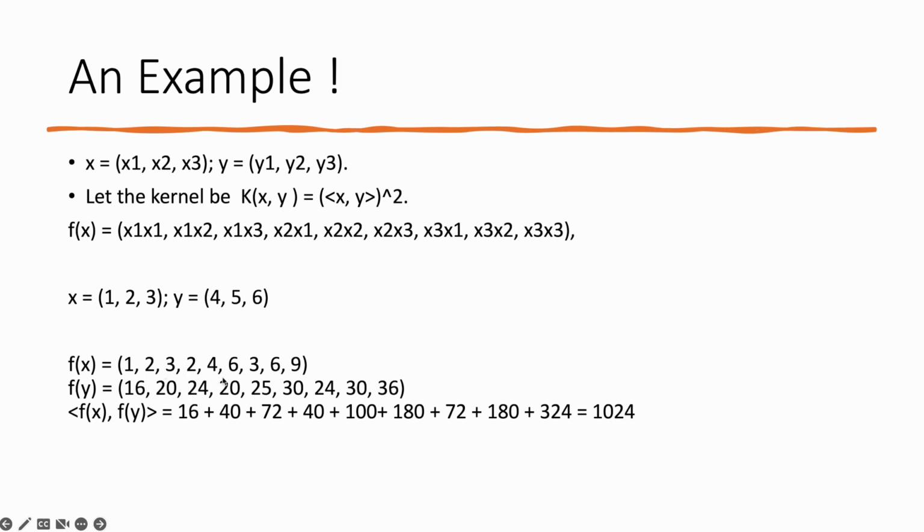So there will be 27 multiplications, and finally we had to do 8 additions. So 27 multiplications plus 8 additions to arrive at a single dot product, which is 1024. So if we are doing this sort of mapping with a polynomial to the power 2, we have to do 27 multiplications and 8 additions, right? That's the computational cost. Remember that.